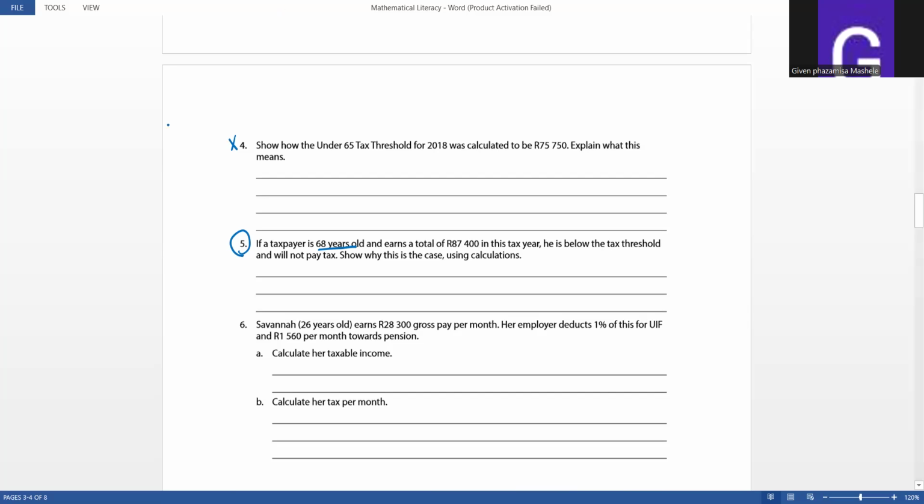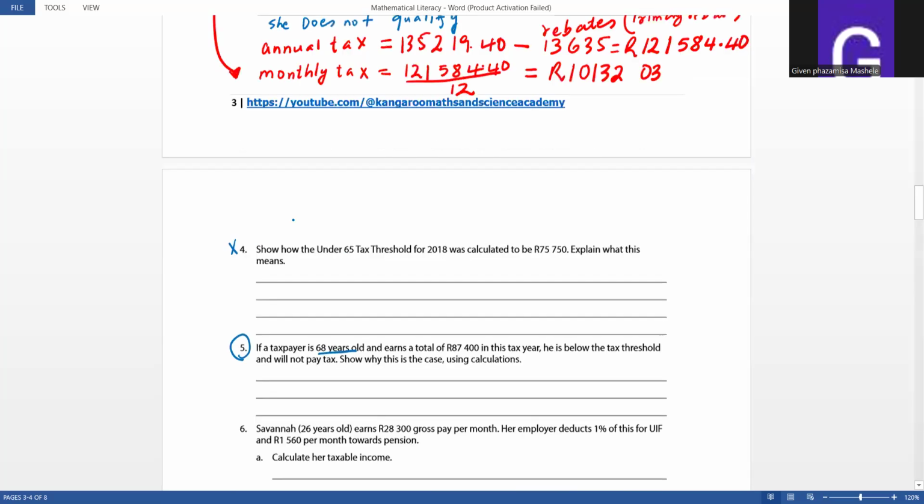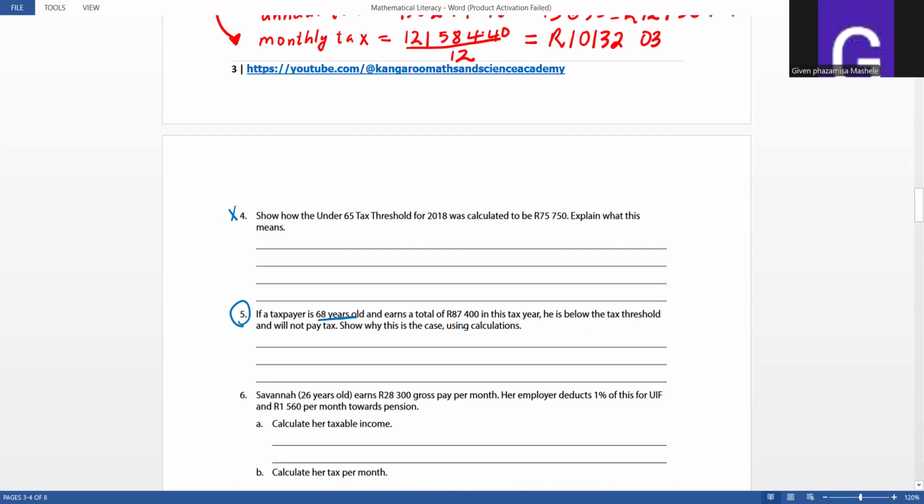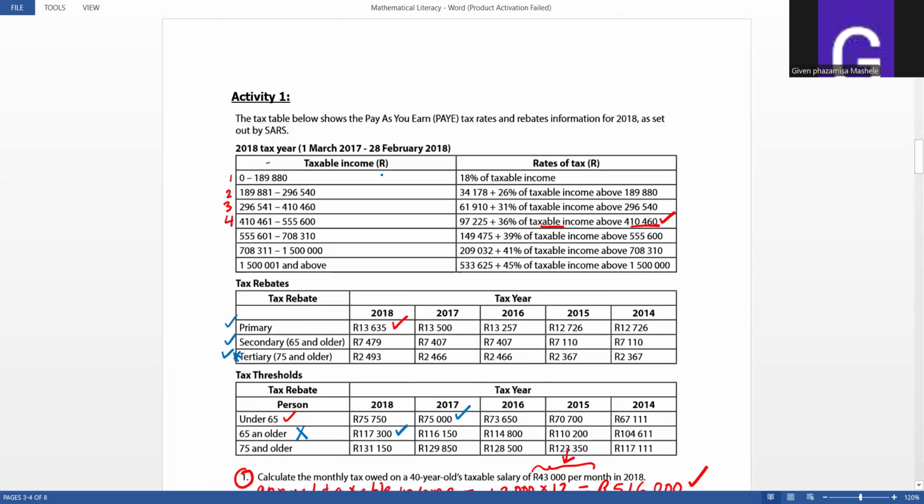Look, if this person is aged 68 and is earning an annual taxable income of 87,000, let's read the question again.